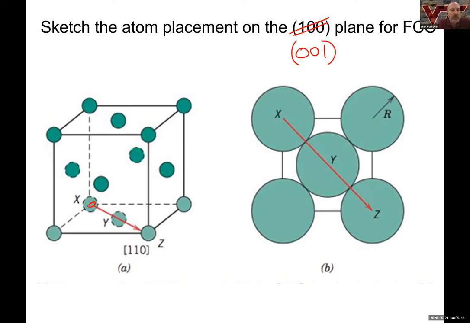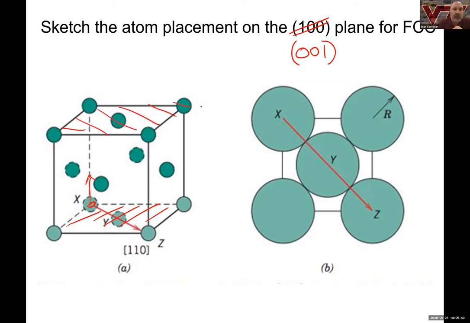Whenever we have a plane that goes through the origin, we always have to shift it by 1 unit cell direction. We can shift it in any direction we want as long as it's by a unit cell vector. So in this case, we'll take this plane and shift it up so that it's now located up here at the top.